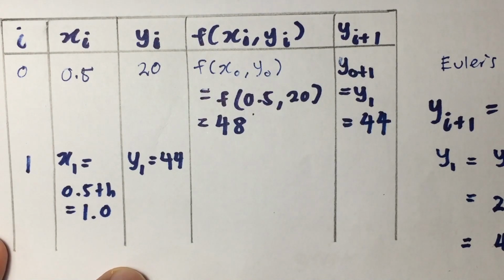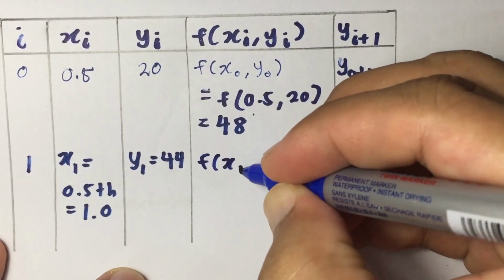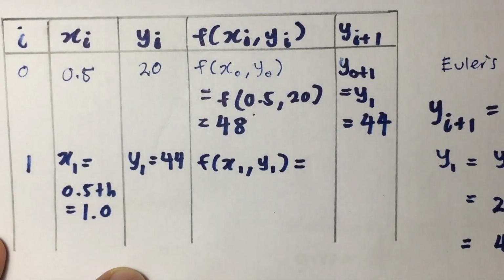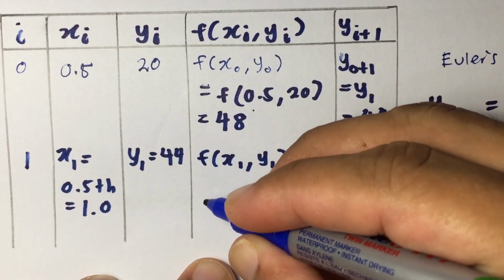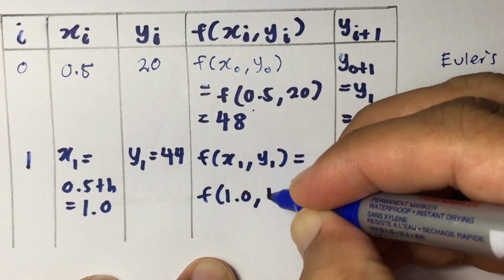Now we can proceed to calculate f(x_1, y_1), which is actually equal to f at 1 and 44.